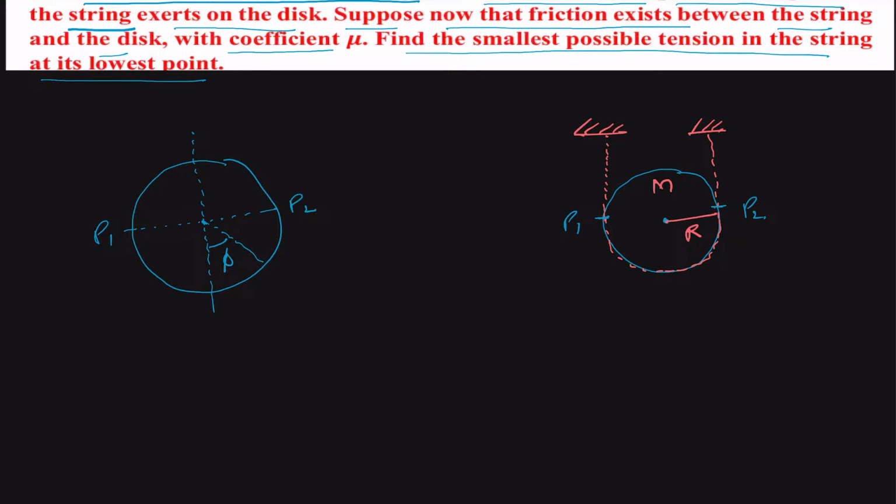So this angle phi is going to vary from plus pi by 2 from extreme one end to minus pi by 2 to other end. Okay, and at the vertical this value of phi is equal to 0. Okay, so this is the basic thing.